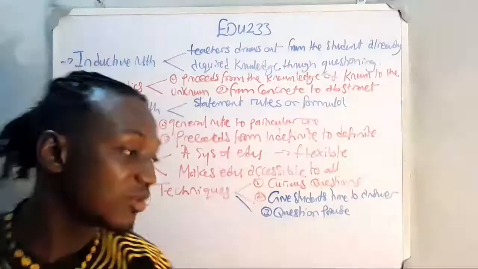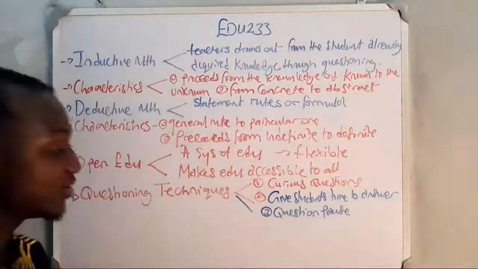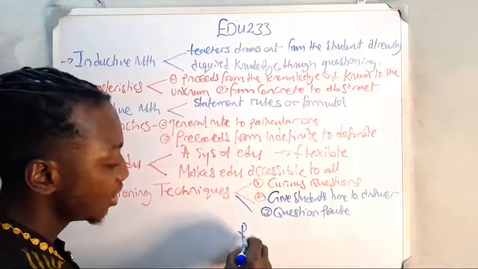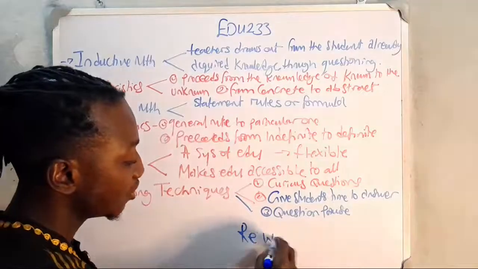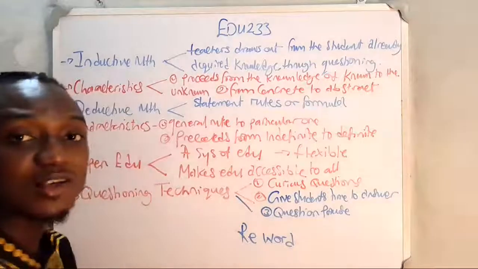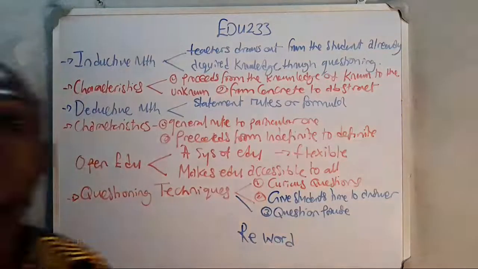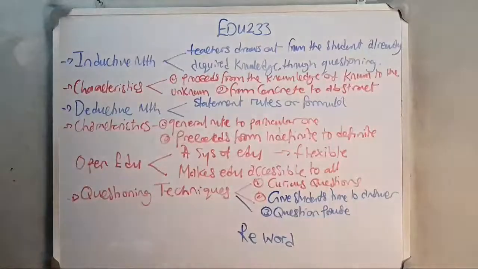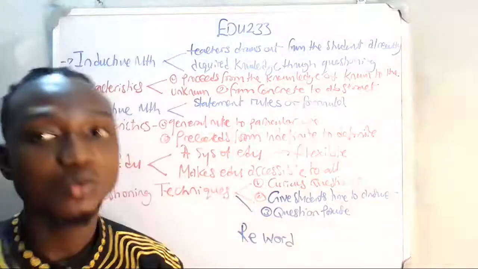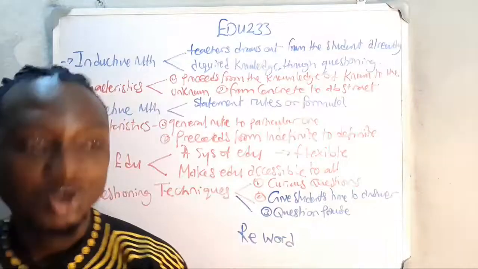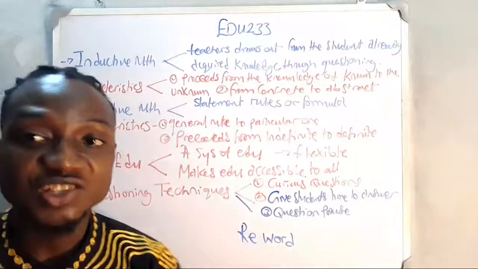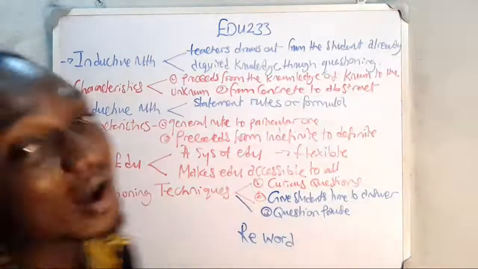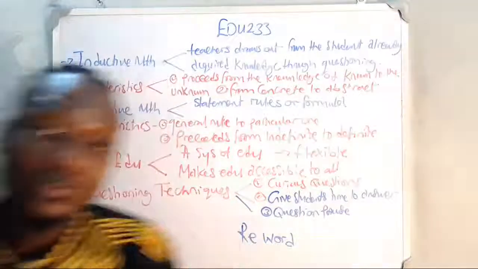When I say reword, I don't mean reward in giving appreciation. I mean rewording the origin of that question. So if your question was 1 plus 1, which is 2, then you can change it in the sense that you do 2 minus 1. That will give you 1.